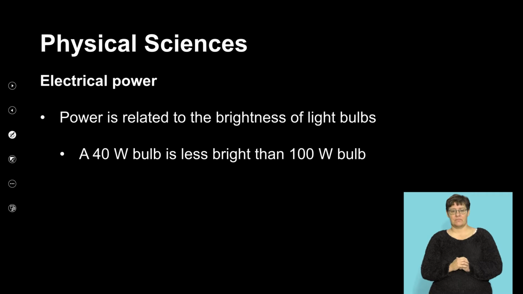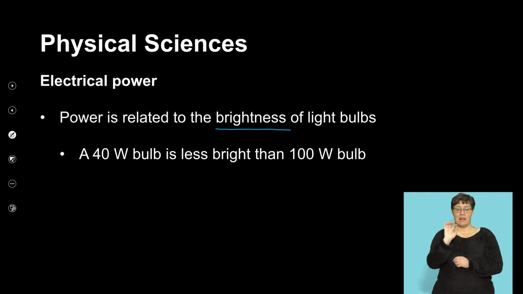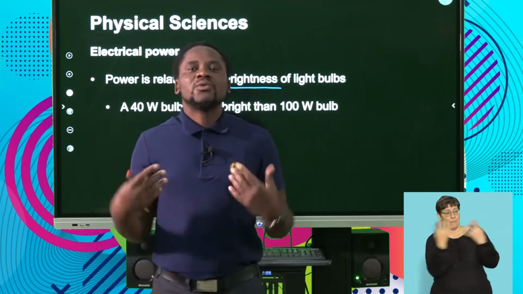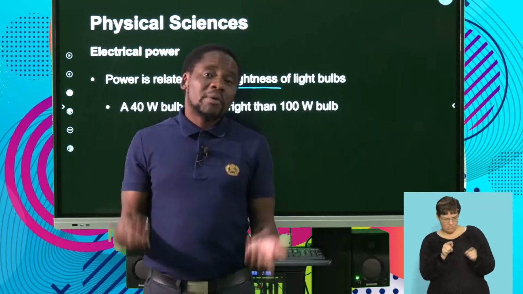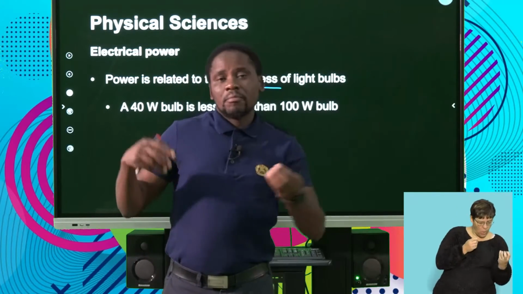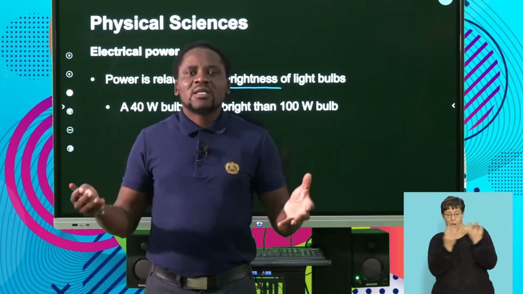Okay, now power is also related to the brightness of the light bulbs, okay? Remember, brightness is something that is very, very qualitative. You cannot quantify brightness. It's something that you look at, and by comparison, you can say bulb A is dimmer, bulb B is brighter. Okay, so that's something that is qualitative.